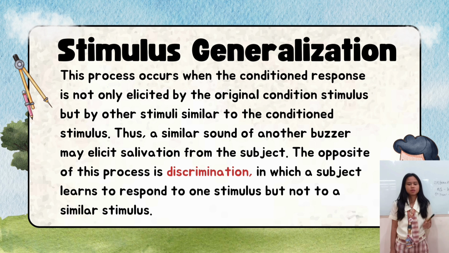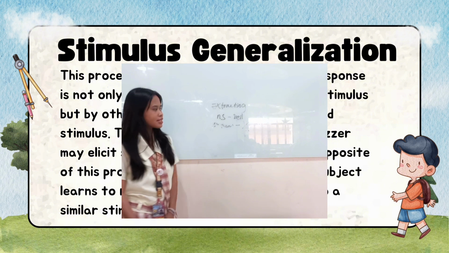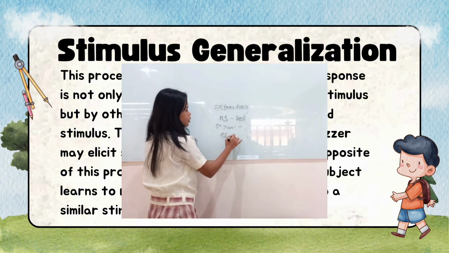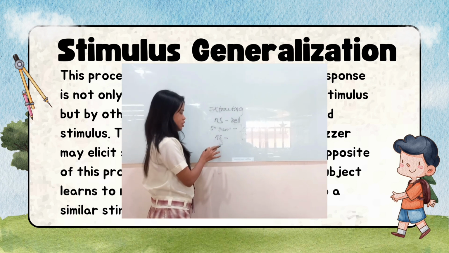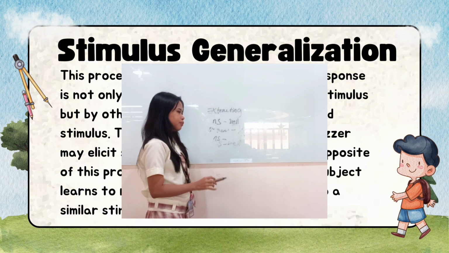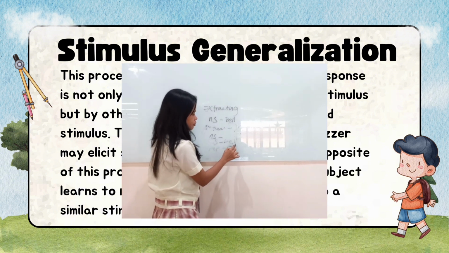The opposite of the stimulus generalization is the stimulus discrimination, in which a subject learns to respond to one stimulus but not to a similar stimulus. An example of this is the now conditioned stimulus, which is the bell, replaced by the piano.